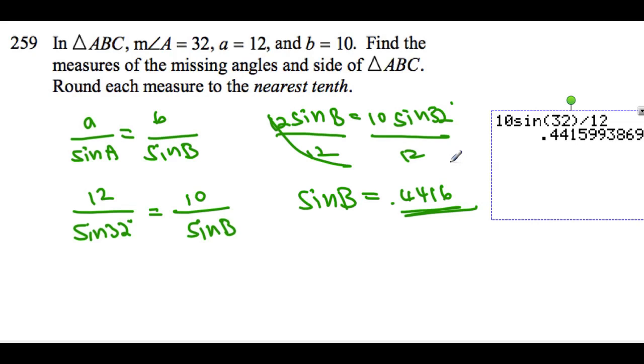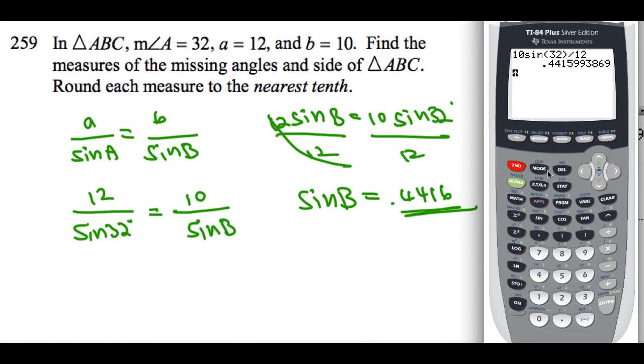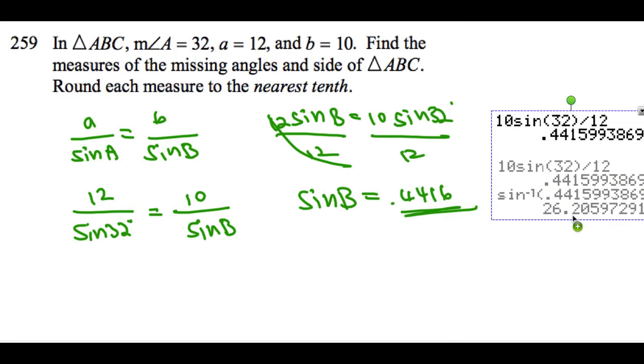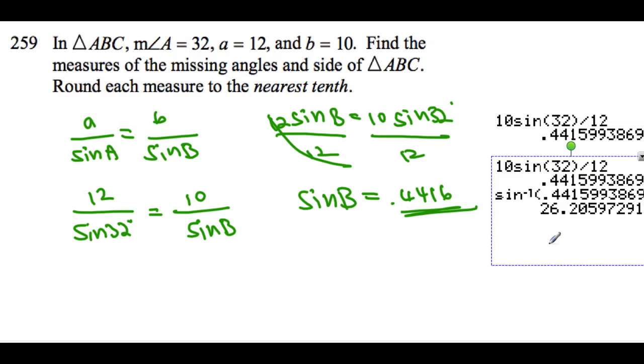Now, we need to figure out the value of the angle B. So we're going to do second sine, because sine of B must be equal to that. We're looking for the answer, and that's equal to 26.2 degrees.